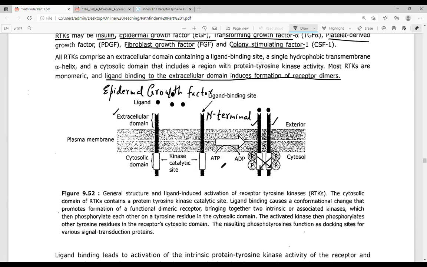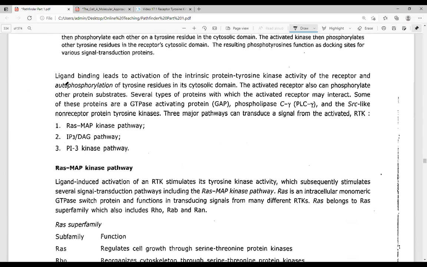Now moving forward, ligand binding leads to activation of certain other proteins, which are referred to as intrinsic plasma membrane proteins of tyrosine kinases.